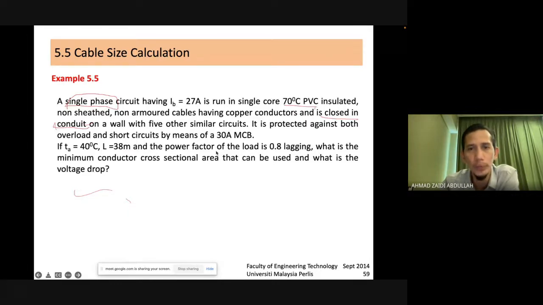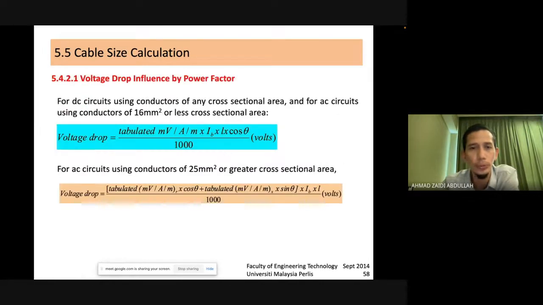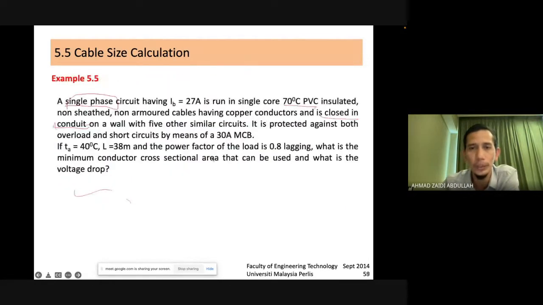Since it gives the power factor, we must use the formula with influence by power factor. In your project, you must state whether you want to calculate based on influence by power factor or not.